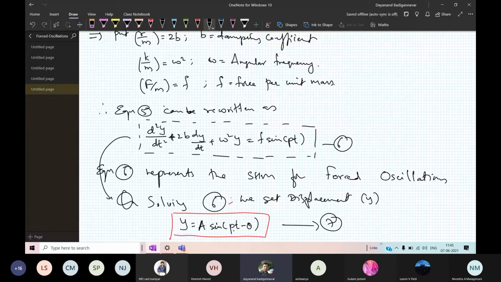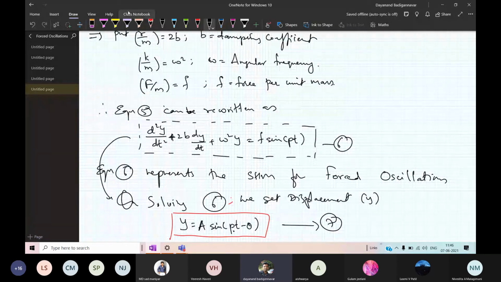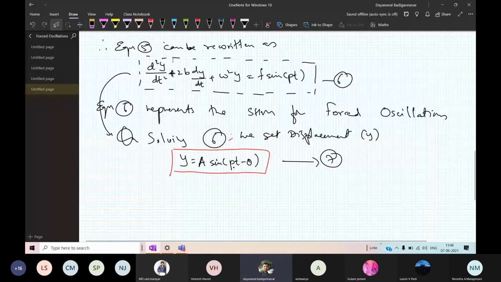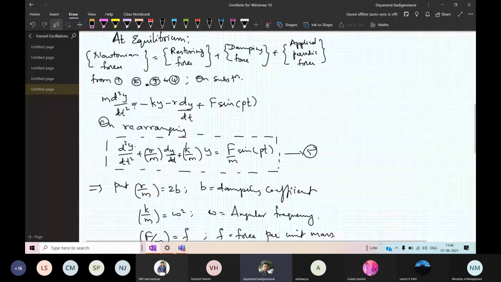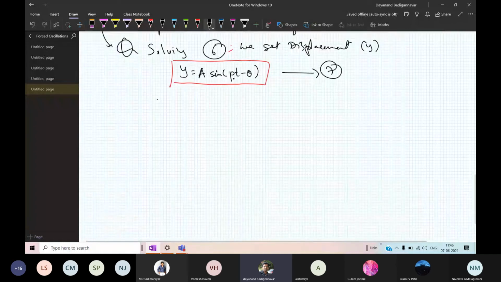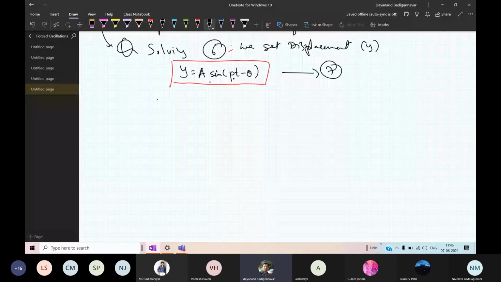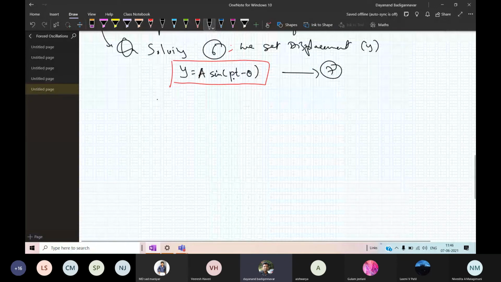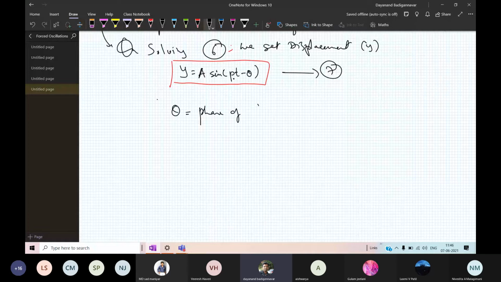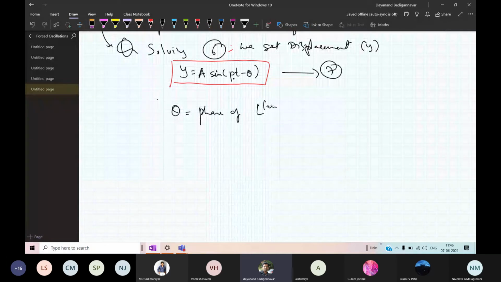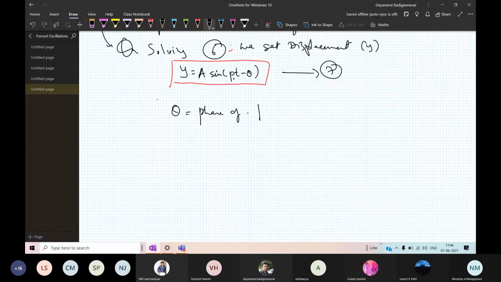Now here, what does P stand for? P stands for the angular frequency, or frequency of the application of the force. Here y stands for displacement, P is the angular frequency, and theta is the phase of forced oscillation.